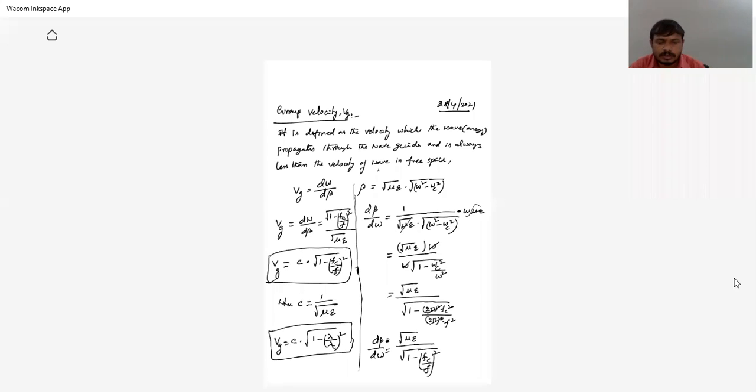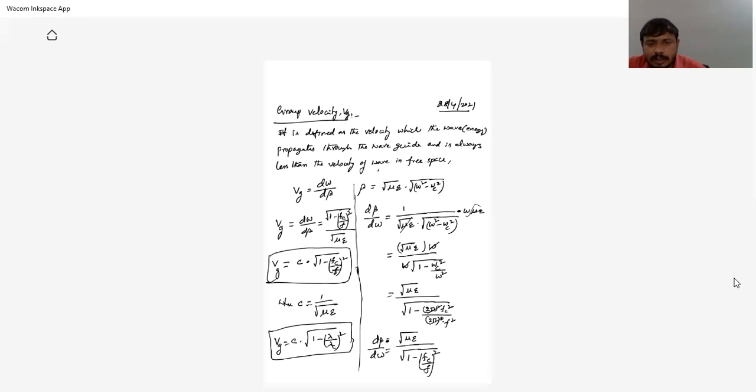Right, so this is the group velocity. Now what is the phase velocity? Phase velocity is c by the same factor. Already told, group velocity into phase velocity is equal to c square.